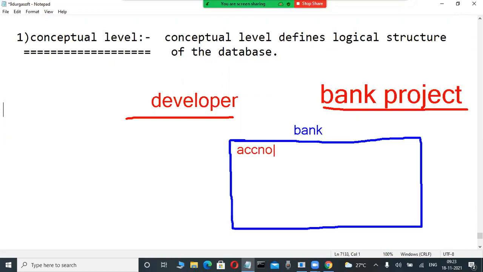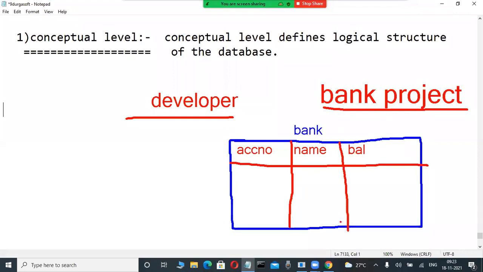That's why account number is a column, name is a column, and balance is a column, and whatever other important attributes there are, they define in terms of columns. That logical structure of the database means tables. Tables are defined at the conceptual level. Conceptual level means table only.